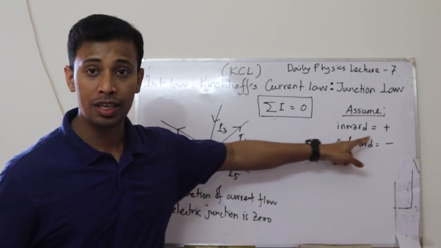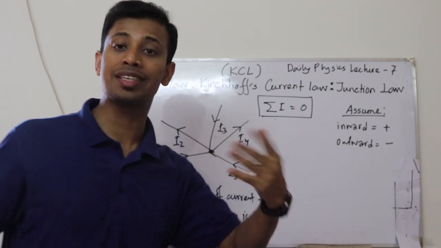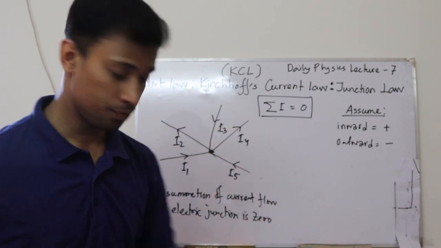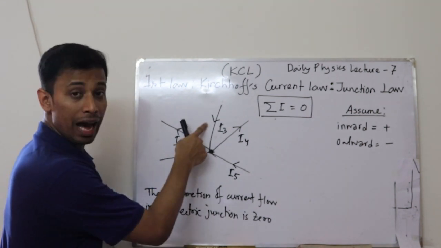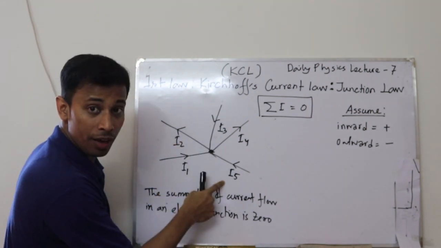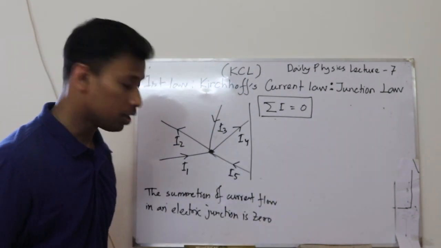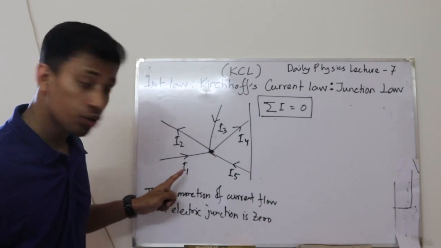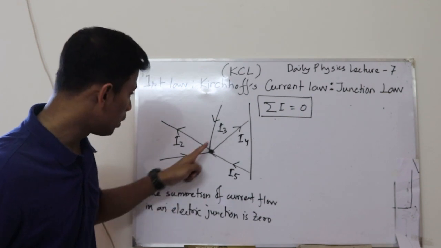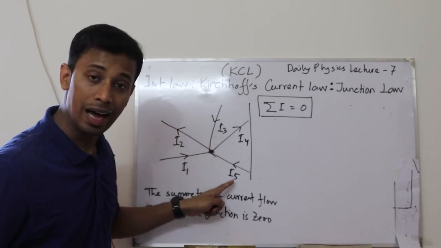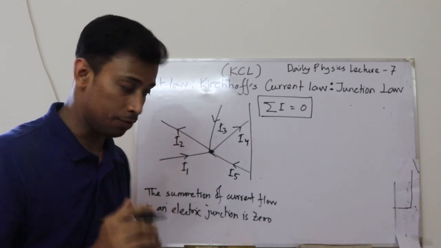The inward direction is positive, we assumed it, and the outward direction is negative. Then I1 inward, I3 inward, I5 inward. These are positive. So here we have 3 currents in the inward direction, and these will be assumed as positive.